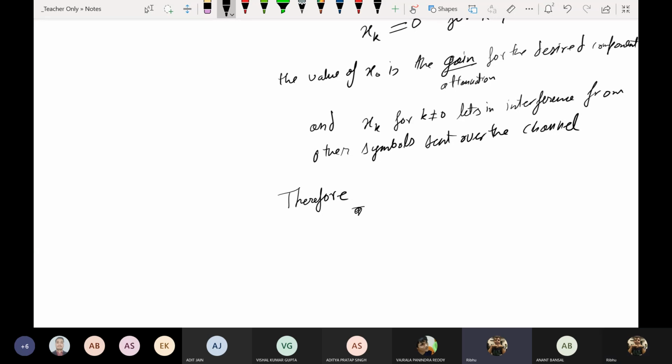Therefore y_m equals x_0 I_m plus summation n goes from minus infinity to infinity, n not equal to m, I_n x_(m minus n), plus noise.